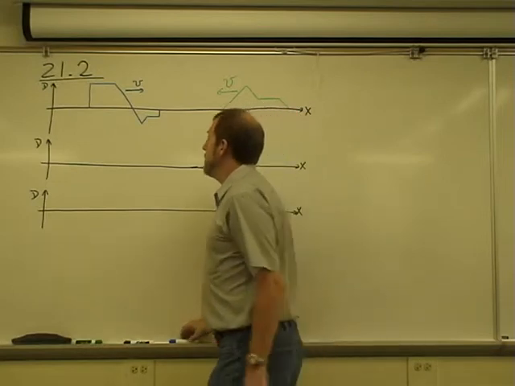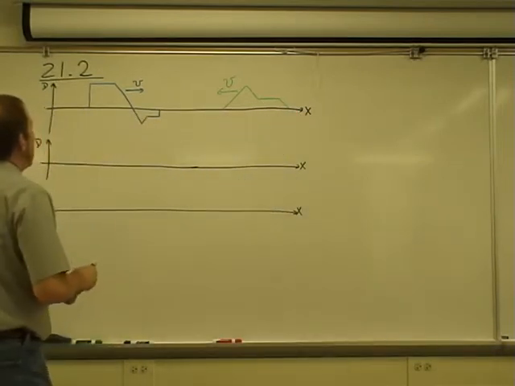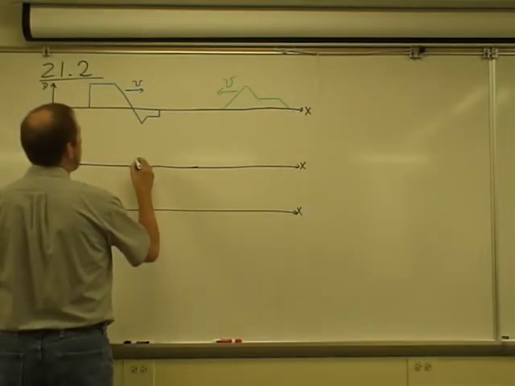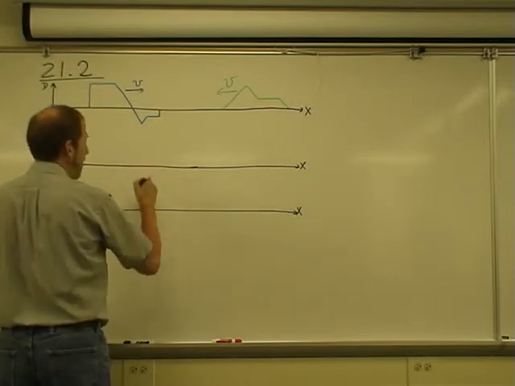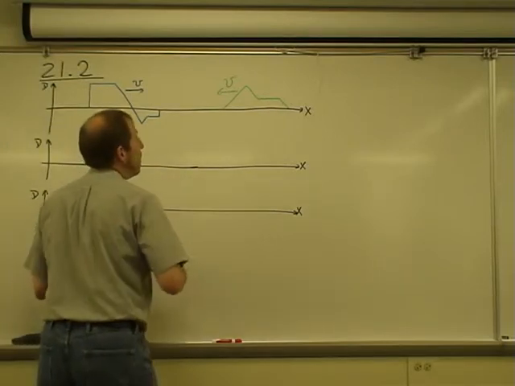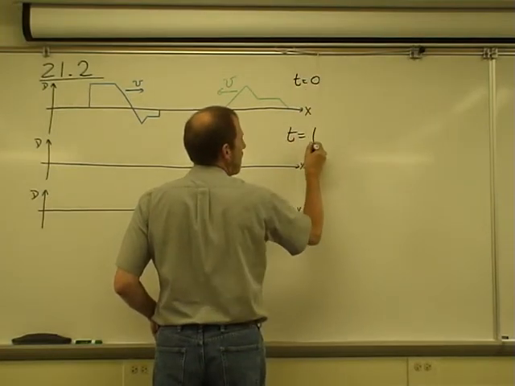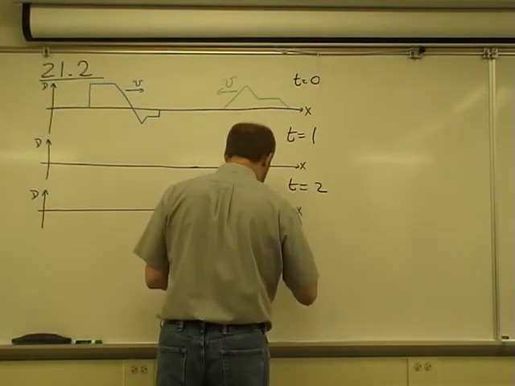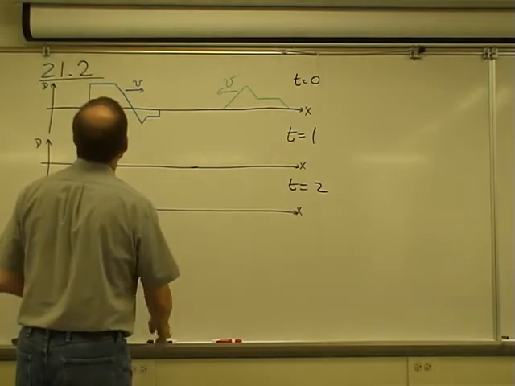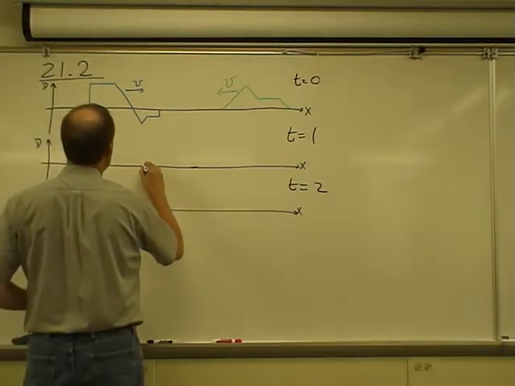So, let's say that I've got these two waves moving such that, let's call this t equals 0, t equals 1, and t equals 2.